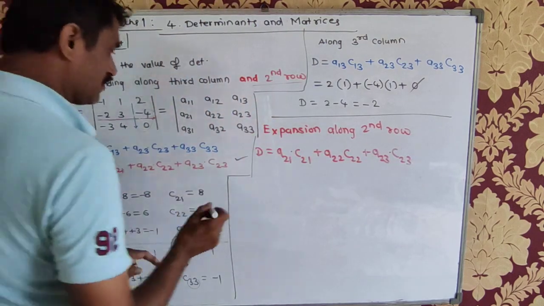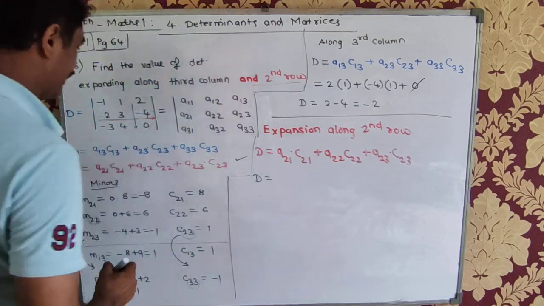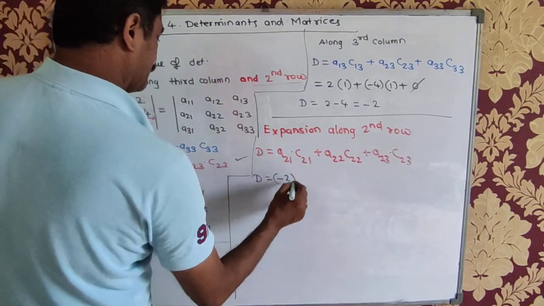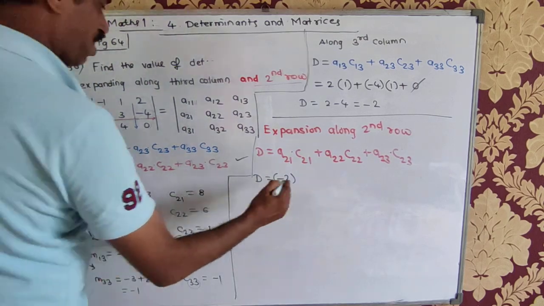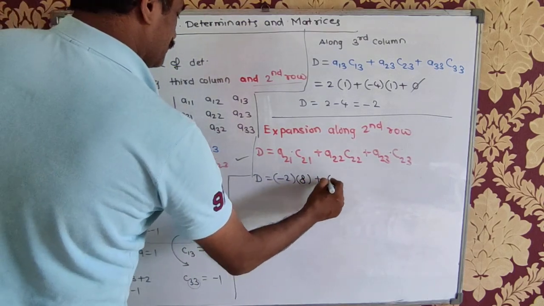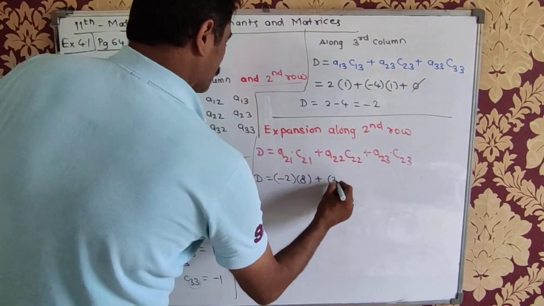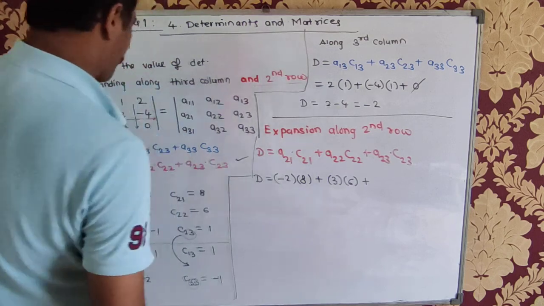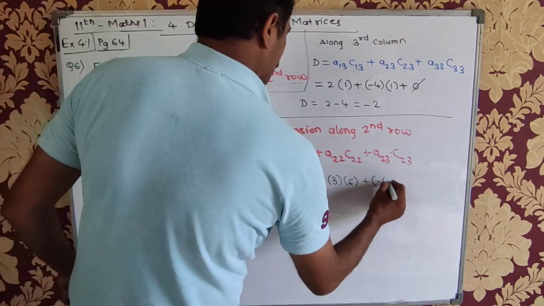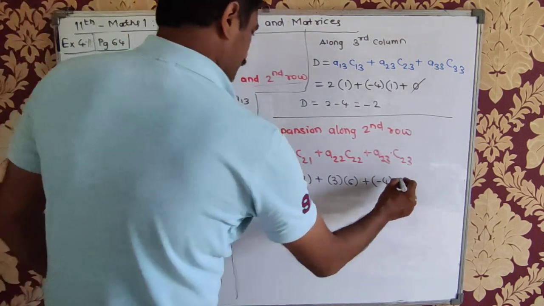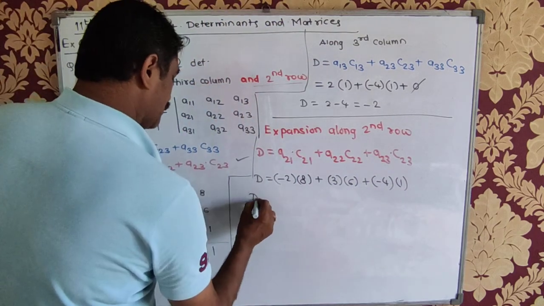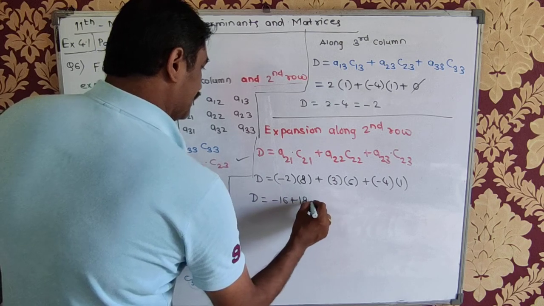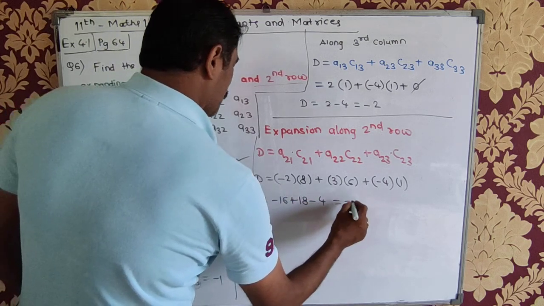Expanding, D is equal to A21 which is minus 2, times C21 which is 8, plus A22 which is 3, times C22 which is 6, plus A23 which is minus, times C23 which is 1. Open it. So D is equal to minus 16 plus 18 minus 4, which is minus 2.